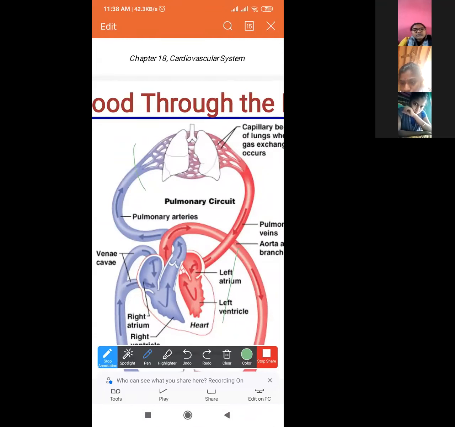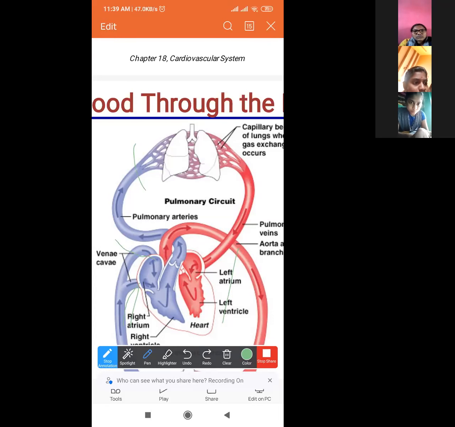Vena cava. Superior vena cava and inferior vena cava are carrying the deoxygenated blood. Deoxygenated blood means oxygen is not there. Blood is collecting from both the vena cava.